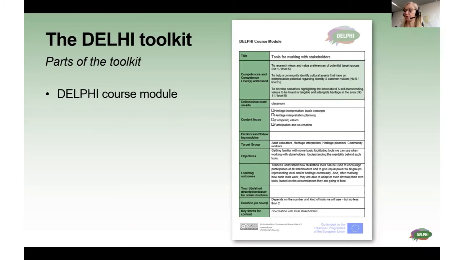All DELPHI course modules from the online and the face-to-face course are available in this form. So you can see at a glance if and how you can integrate the DELPHI course modules in your courses or how to build up your own courses out of them. For this aim, you may need the next element of the DELPHI toolkit.